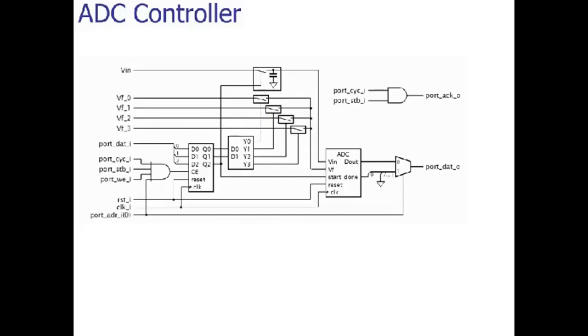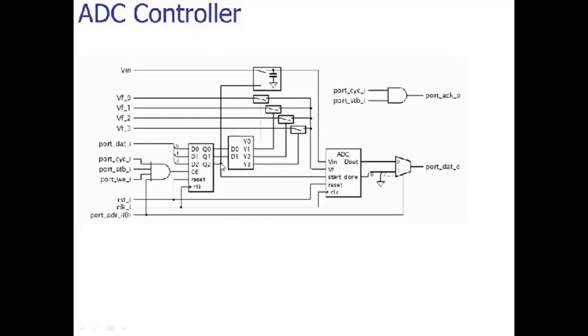This sample and hold operation is controlled by this Q2. We have a connection of Q2 to the sample and hold circuit, and this Q2 is also connected to the start and done lines.